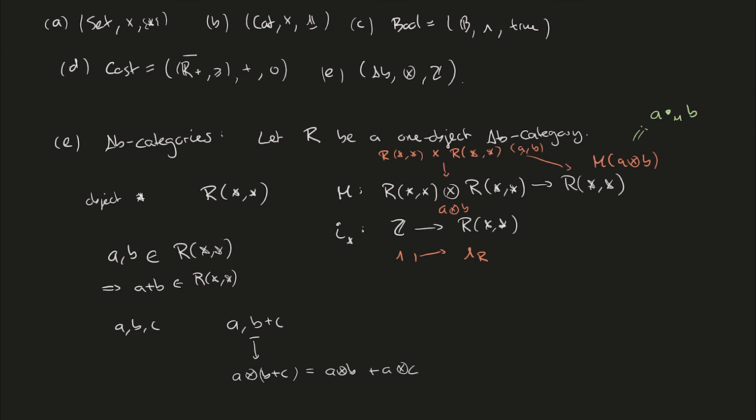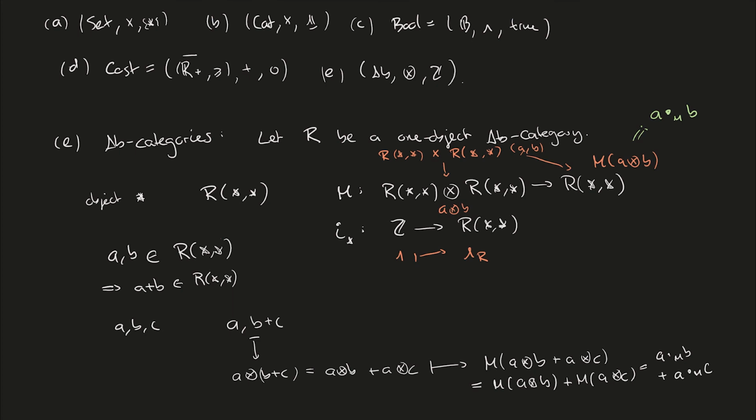Finally, we can map this with M, which, because it's a map in the category of abelian groups, is in particular a group homomorphism. So if we map this, we get M of A tensor B plus A tensor C, which by the group homomorphism property is M of A tensor B plus M of A tensor C. And using our other notation, this is just A times M B plus A times M C.